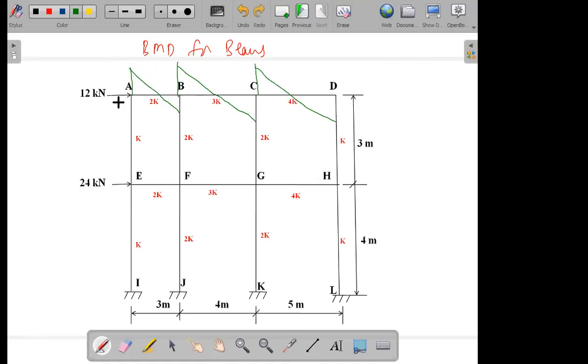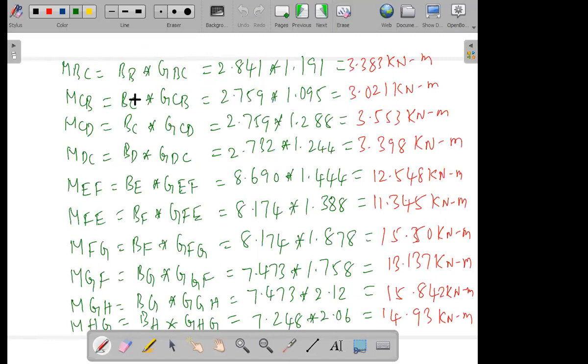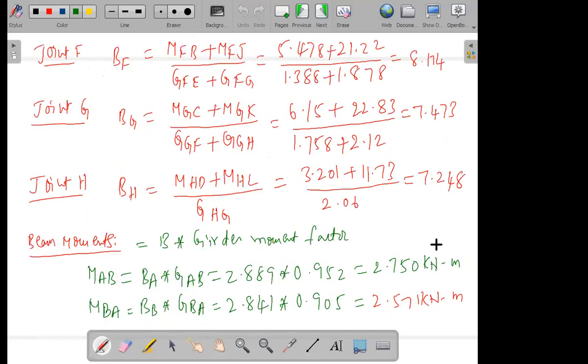But in this problem, that is not our assumption. We have not assumed that. So you have the values. You have the beam moment MAB. What is MAB? 2.750.